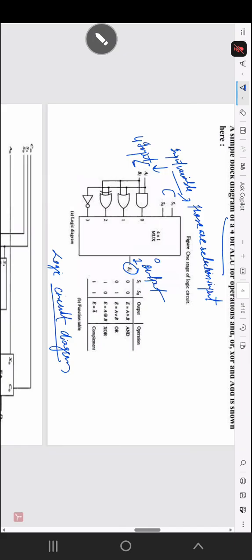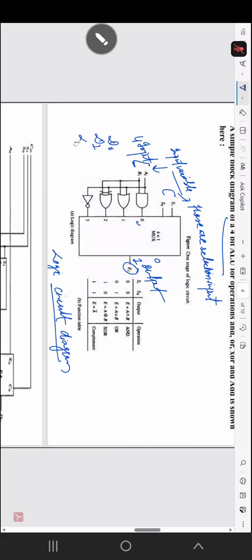So the 4 into 1 multiplexer has 4 data inputs, with 2 select lines. There are 4 data inputs, D0, D1, D2 and D3, and one output EI.